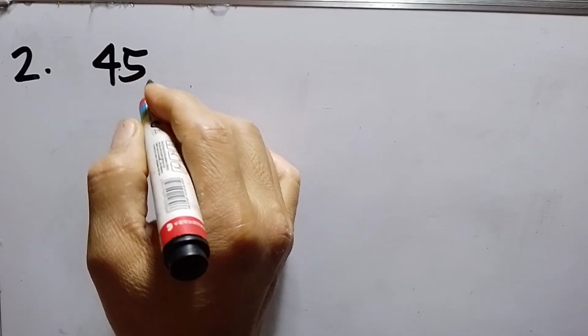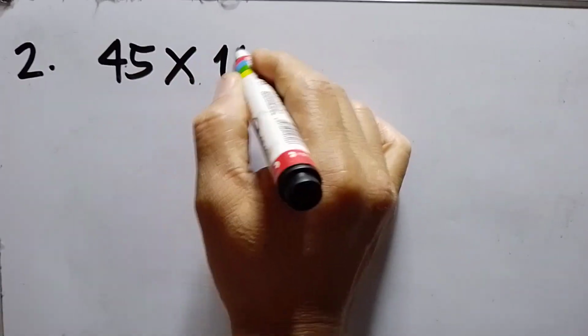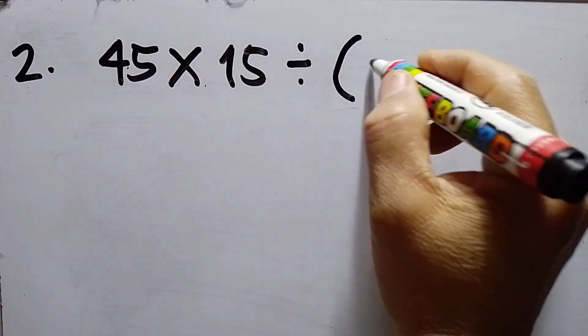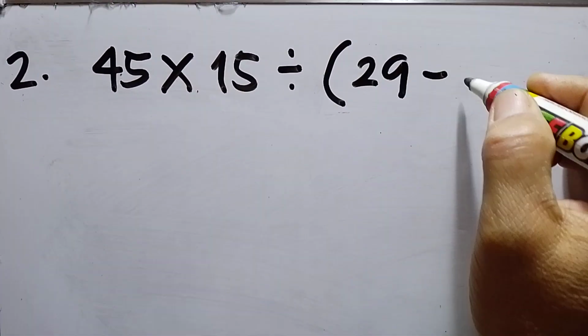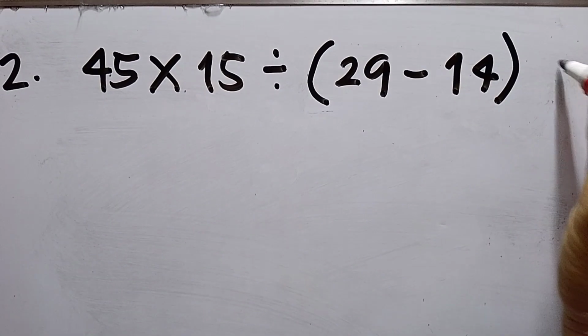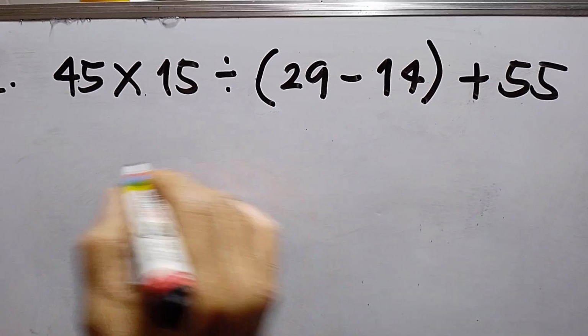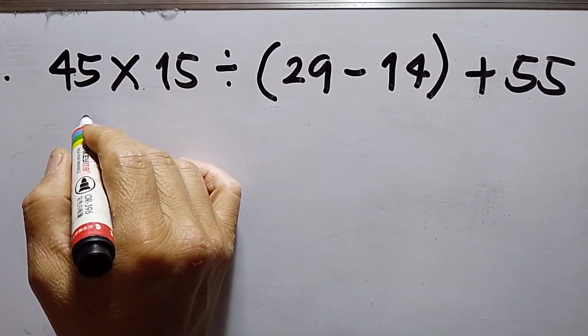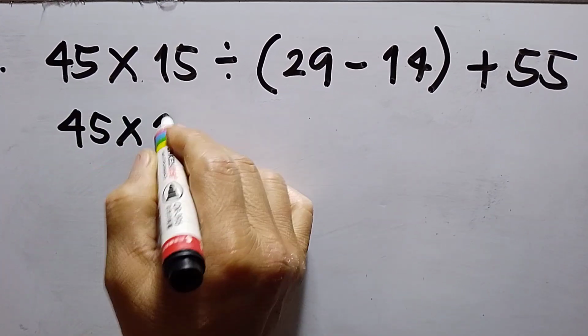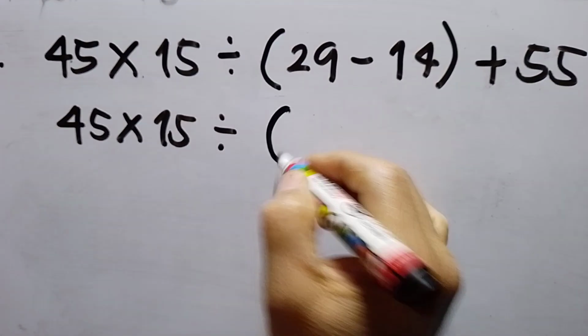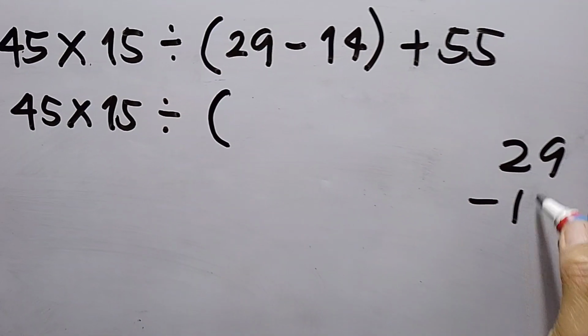45 times 15 divided by round brackets 29 minus 14, plus 55. Okay, simplify this one. 45 times 15 divided by, inside the parentheses, 29 less 14.